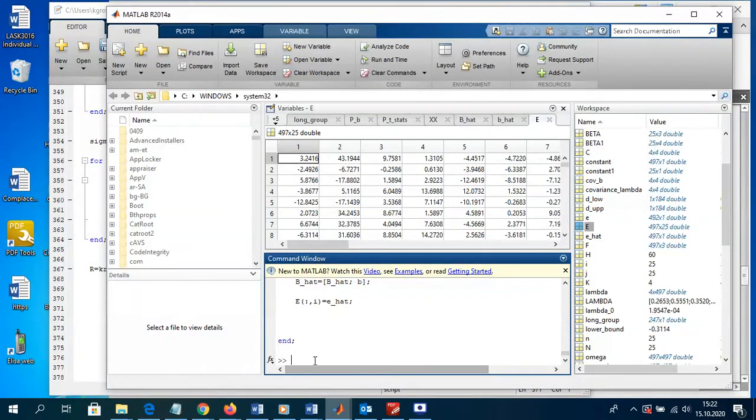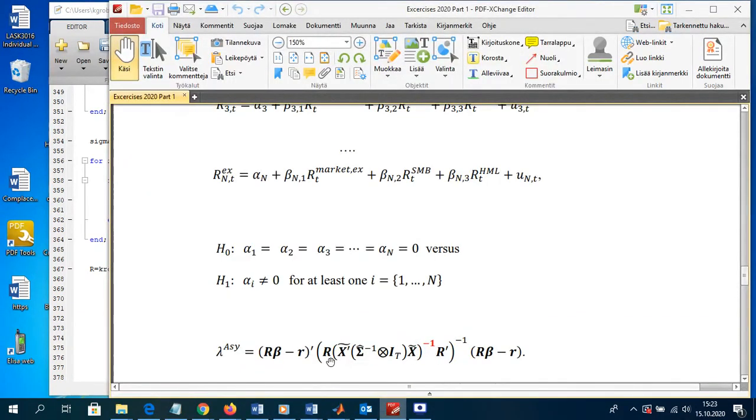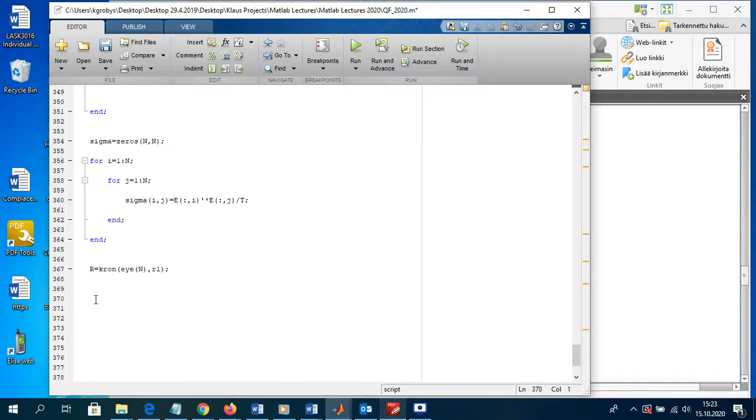So the dimension should be 497 times 25, which is our row dimension, by 25 times 4, which is 100. So the dimension should be 12,425 by 100. That should be the dimension of this matrix, this XQ.